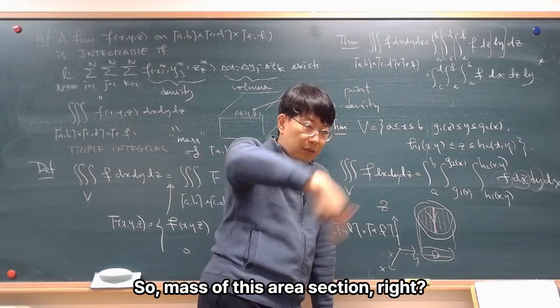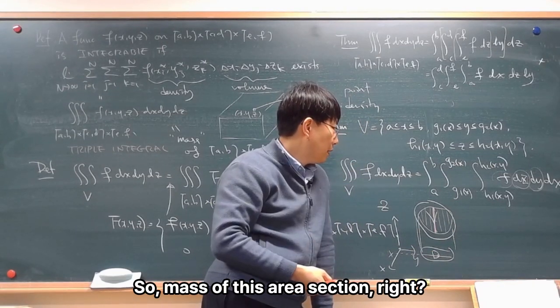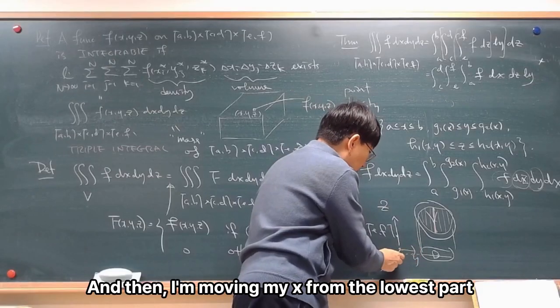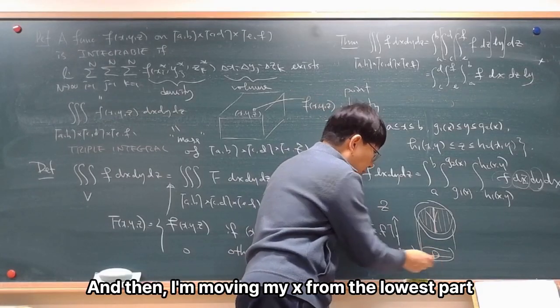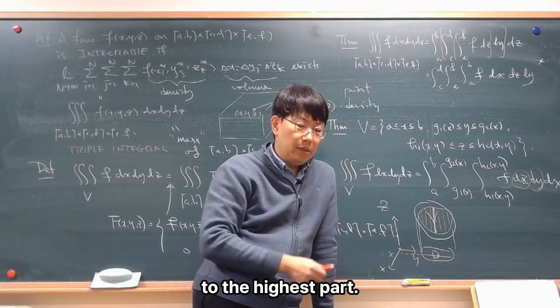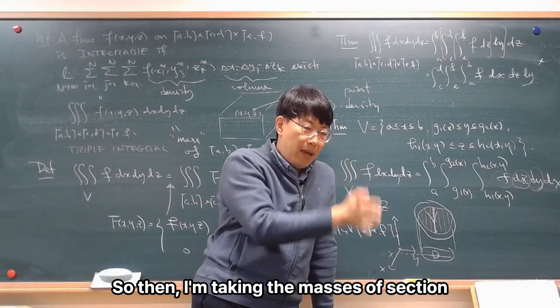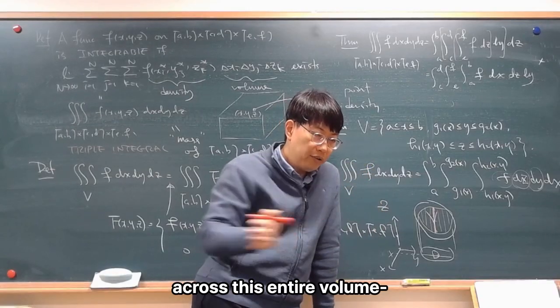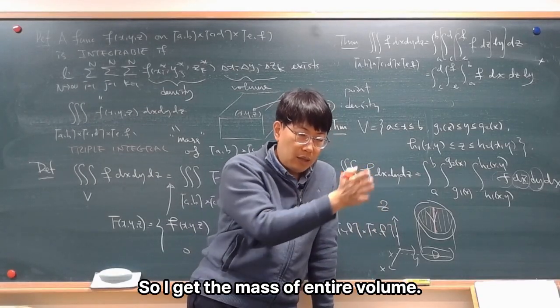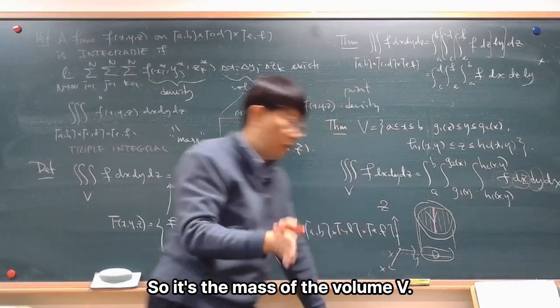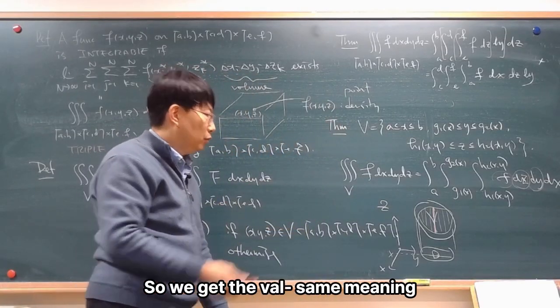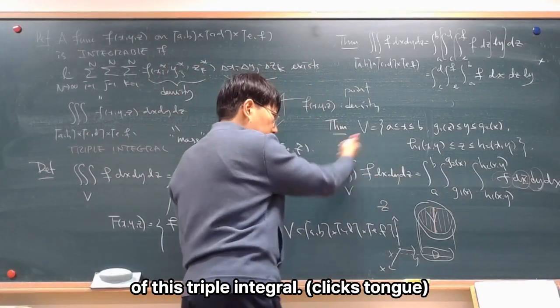So the mass of this area section, right? And then I'm moving my x from the lowest part to the highest part. So then I'm taking the masses of sections across this entire volume, so I get the mass of the entire volume. So it's the mass of the volume V. So we get the same meaning of this triple integral.